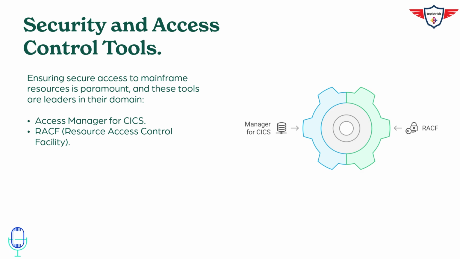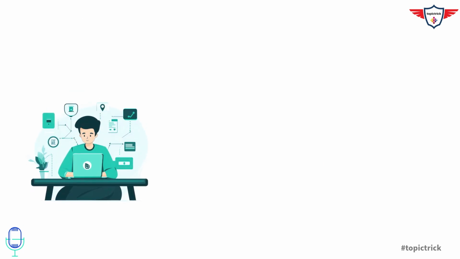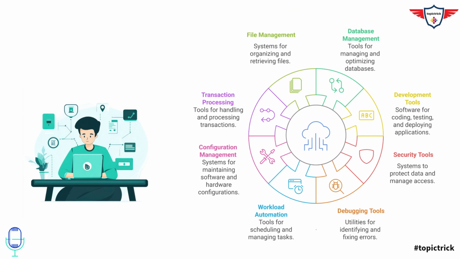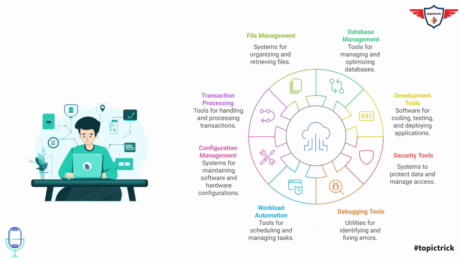So it's like a specialized security guard. Yeah, that's a great way to think about it. For database access, making sure that only the right people can see the right information. Exactly. It's all about layering these security measures to create a very robust defense against unauthorized access. In a complex mainframe environment where multiple applications might need to access shared data, Access Manager for CICS plays a vital role in maintaining that data integrity and security.